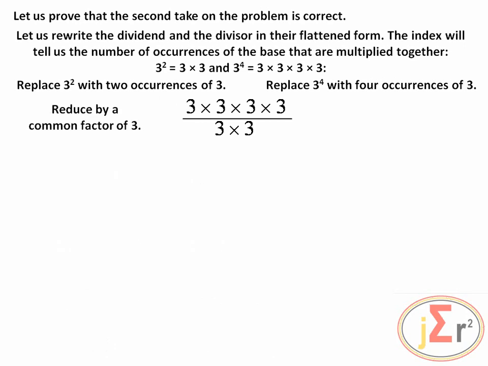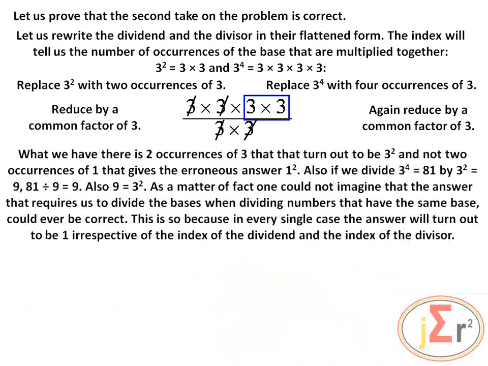And no doubt we may reduce that fraction, and we may do that by reducing by a common factor of 3, and again reduce by a common factor of 3. What do we have there? Do we have 1 to the power of 2 or 2 occurrences of 1? No. What we have there is 2 occurrences of 3 that turn out to be 3 squared and not 2 occurrences of 1.